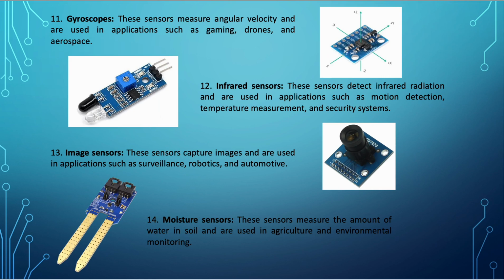These 14 are examples of sensors, right? These are types of sensors that are there. For each type there are many products available with different properties, different sizes. So depending on your project, depending on your requirement, we have to select the proper sensor.